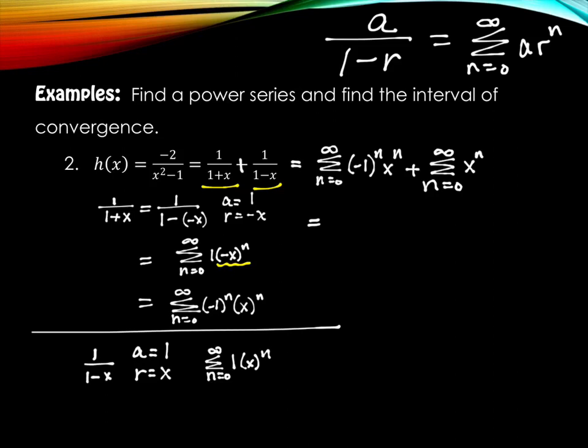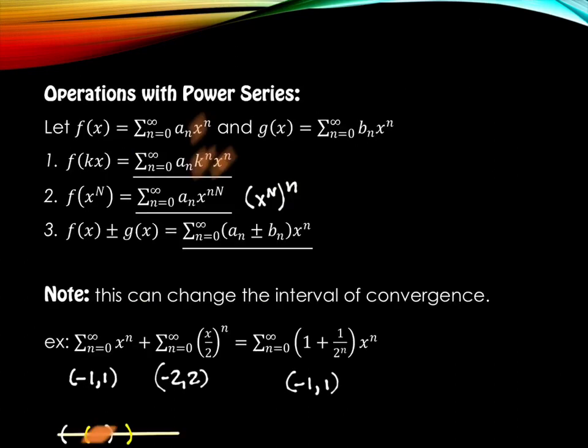All right, so we'd like to be able to combine these together. And over here, what I'm told is that I can combine them. They've got the same index summations, 0 to infinity. They both have an x to the n in them. And I can take the summation pieces, and in this case it is addition, I can add them together.